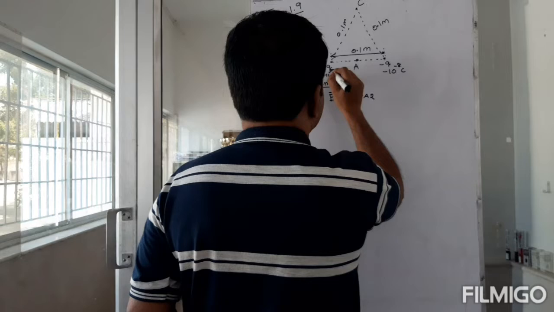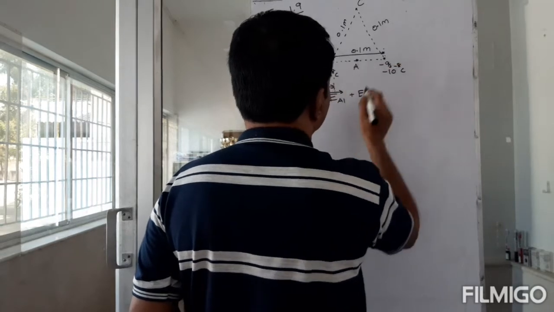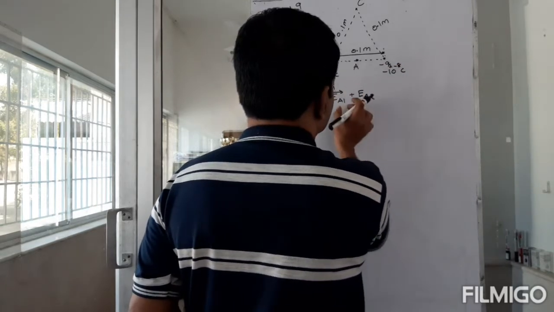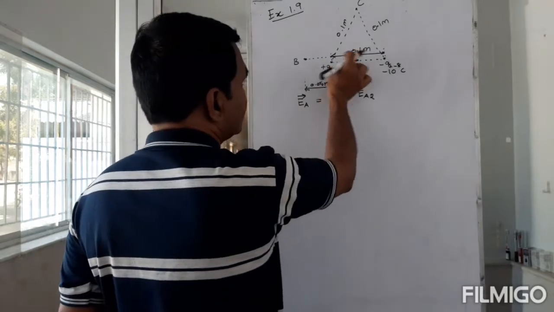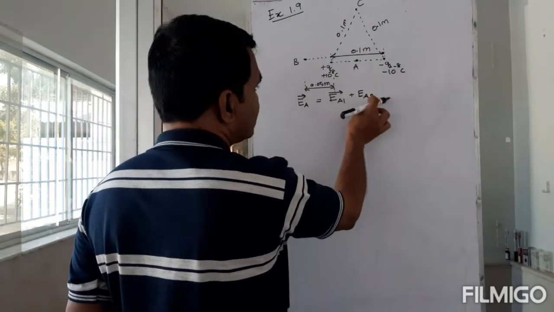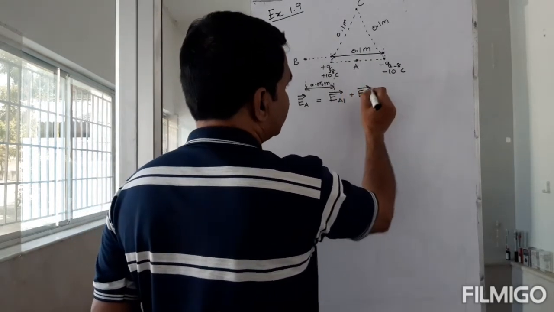Okay? We'll call this Q1 and we'll call this Q2. So the influence due to Q1 and the influence due to Q2, and I need to add them vectorially.